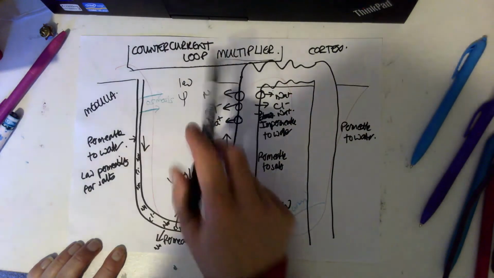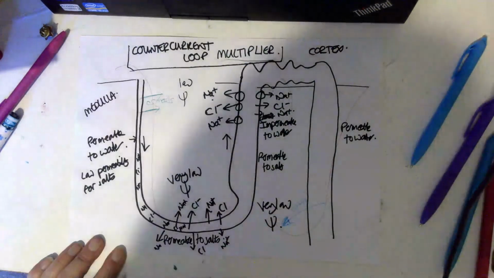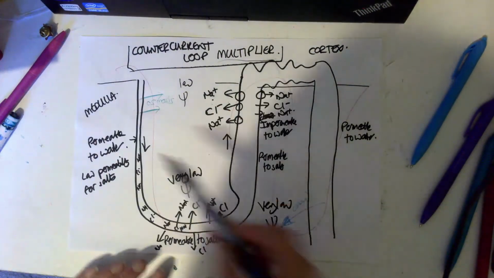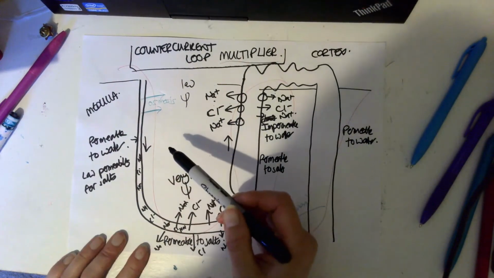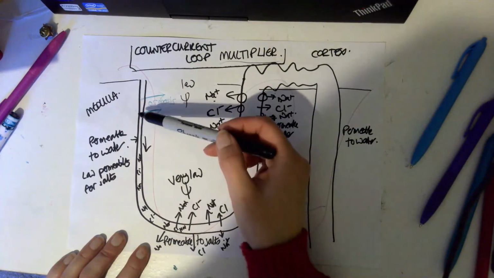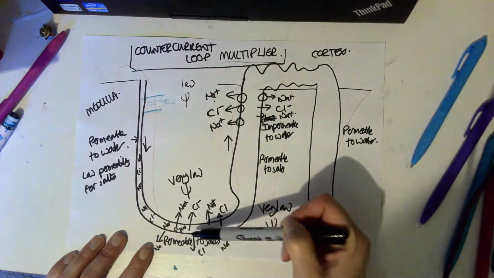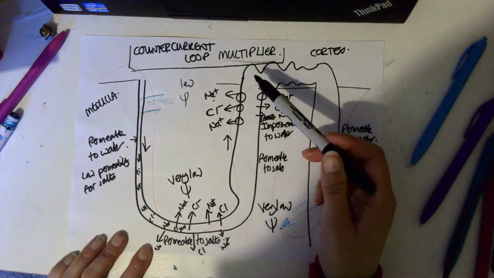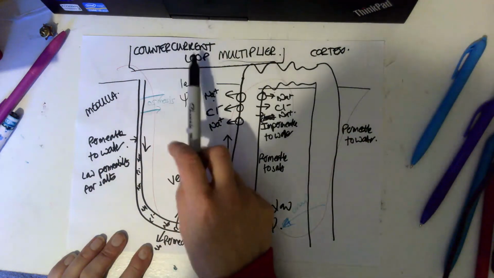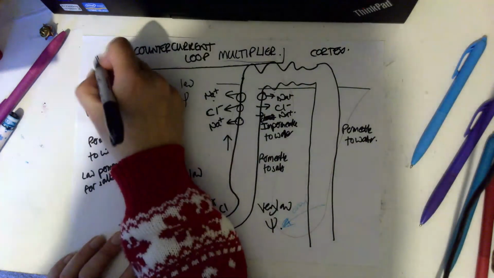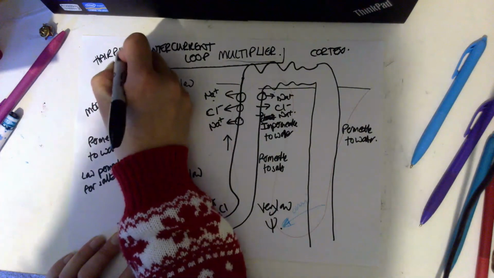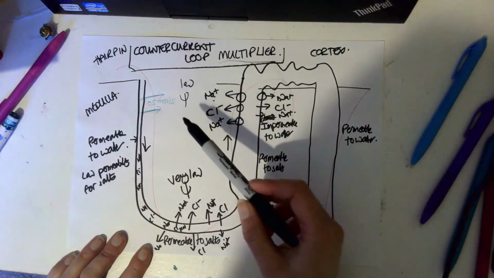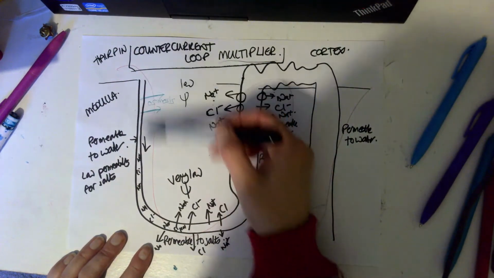So sometimes it's called a hairpin countercurrent multiplier. And yeah, hairpin bend here that you're getting. If you ever watch racing cars, often you come into a hairpin bend, it means it's a really tight bend before the road goes back up. So sometimes it's called a countercurrent loop multiplier, sometimes it's called a hairpin countercurrent multiplier, but it's all to do with the direction of the fluid, so countercurrent.